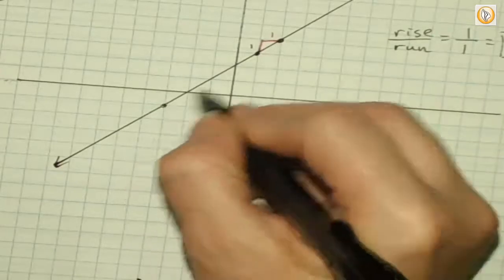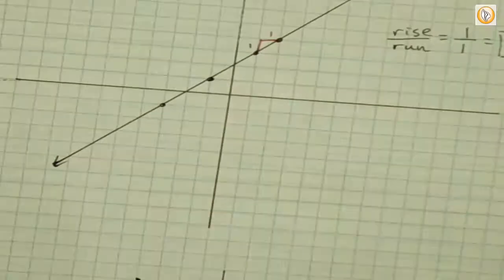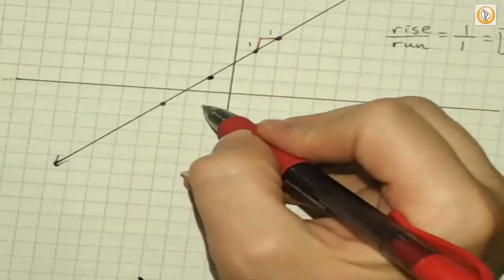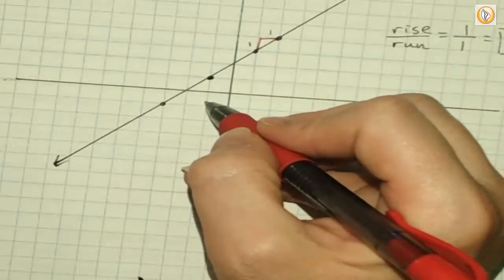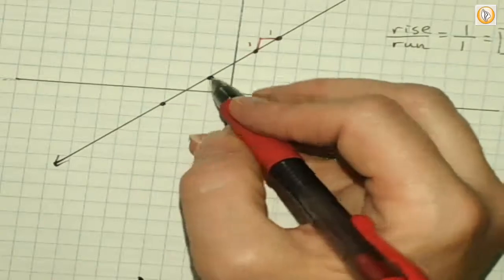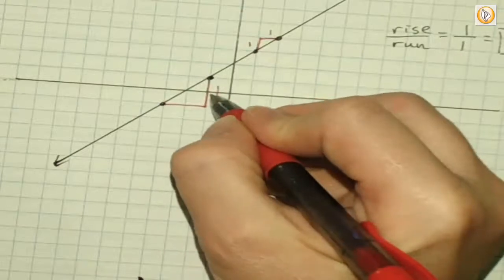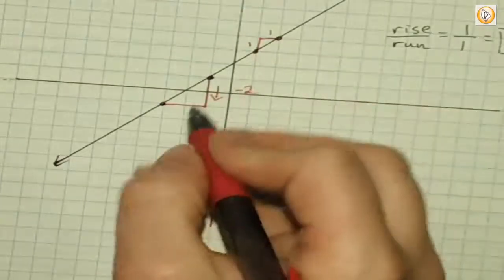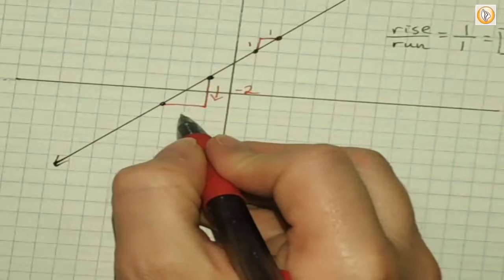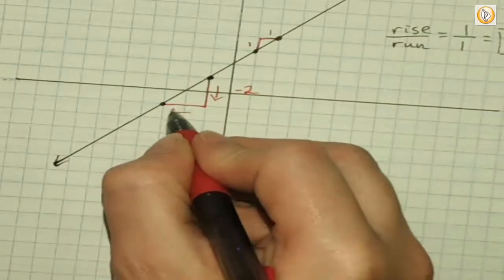If you chose like this, are you going down? Okay, if you're going down, that would be negative 2. But the only way to get to the next dot is to go left.